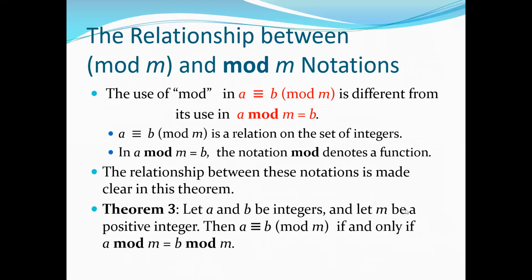Now, don't forget that this mod m is different from this mod m, because this mod m refers to a relationship, congruency, while the other mod m is a function that determines the remainder.